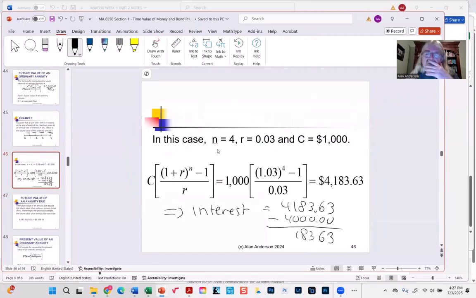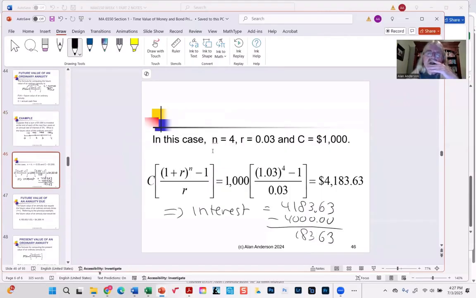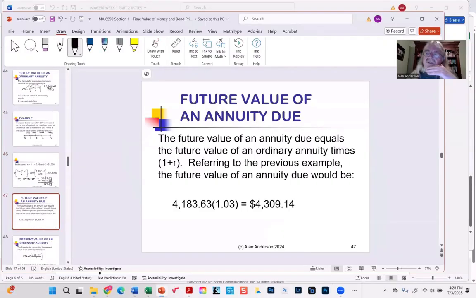Now, this is the future value of an ordinary annuity. But think about this. What if the payments started right away? In other words, what if we had an annuity due? How would that change things?